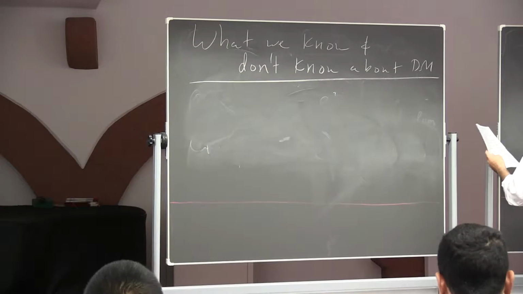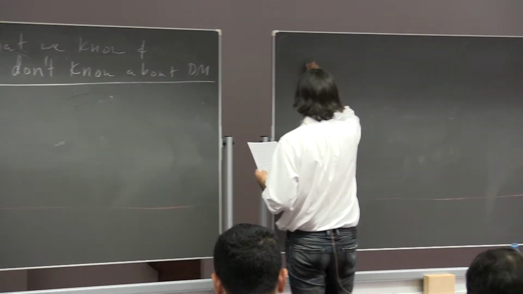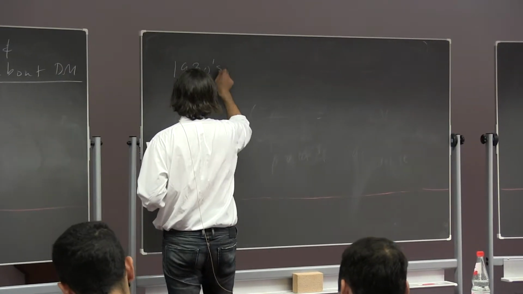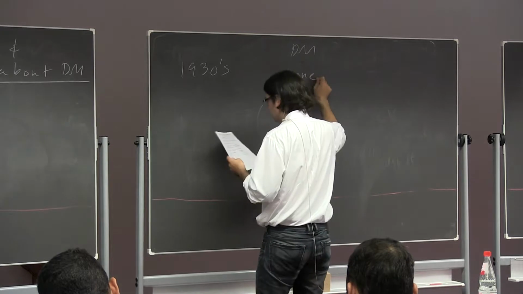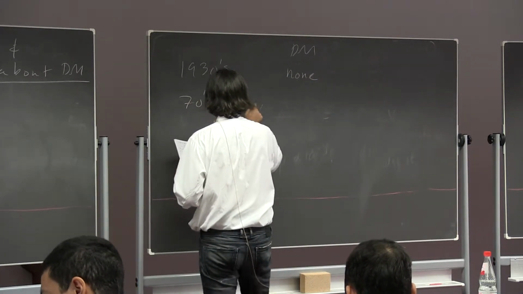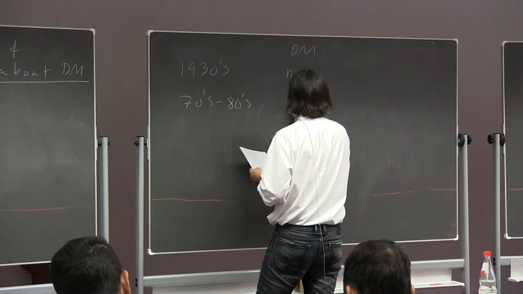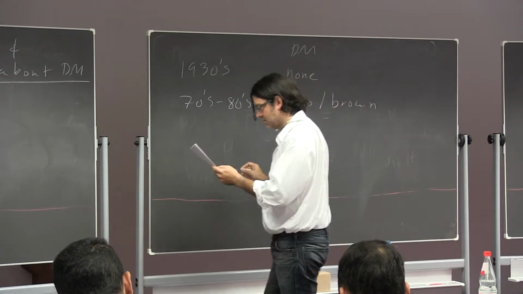As an example, if you go back in time and think about the historical evolution, the typical dark matter candidate has changed.